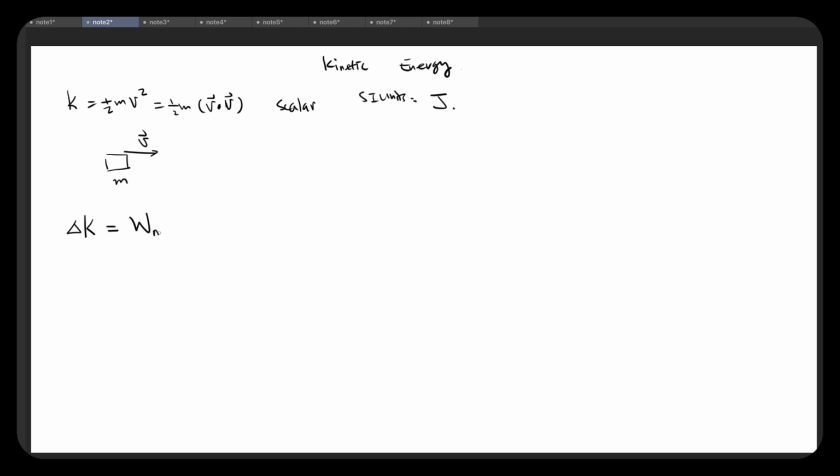We call this W net, the work done on the system. And the net work definition is the net force dot product the displacement, ds.